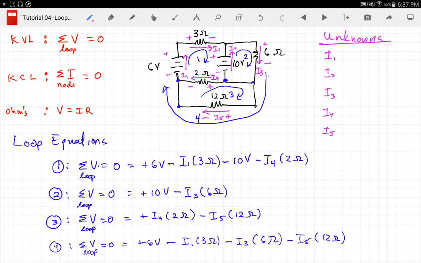Now, a very, very simple rule for solving equations. You need as many equations as you have unknowns if you're going to solve for all of the unknowns. So I need a total of 5 equations because I have 5 unknowns.